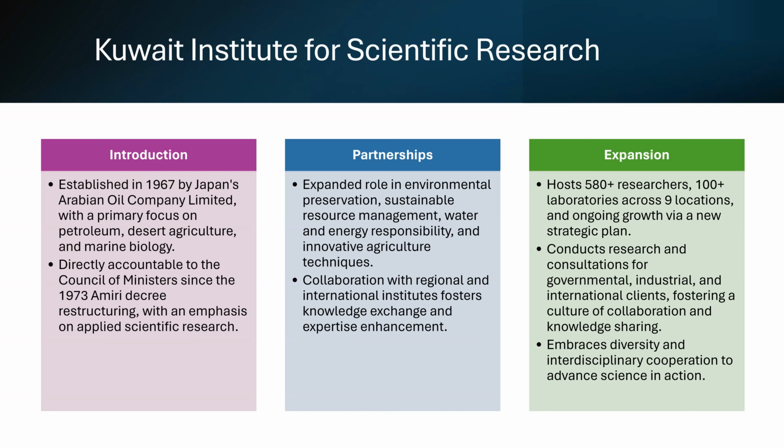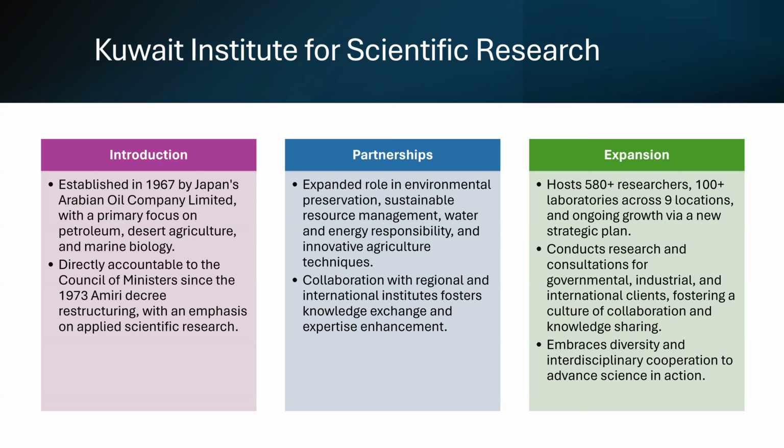For example, we don't have theoretical physics, but we have applications of, for example, nuclear techniques and so on. We have a lot of partnerships, and at the moment we are working on a memorandum of understanding with KAUST. Hopefully it's going to be done maybe after this lecture, who knows.